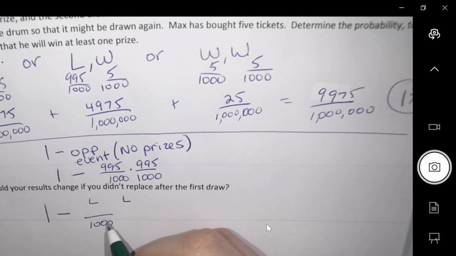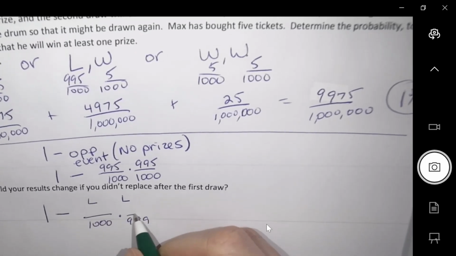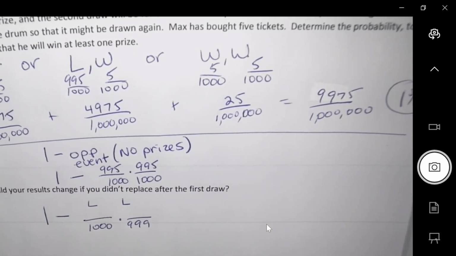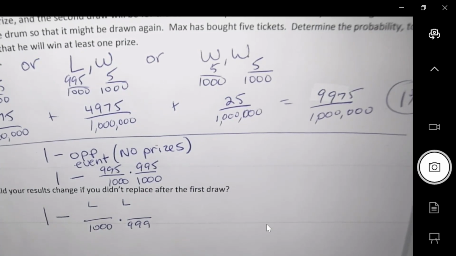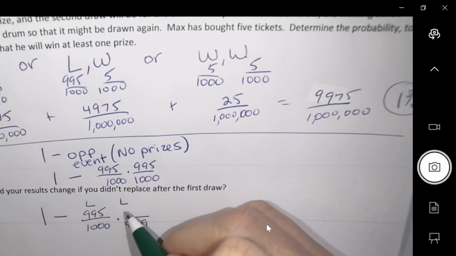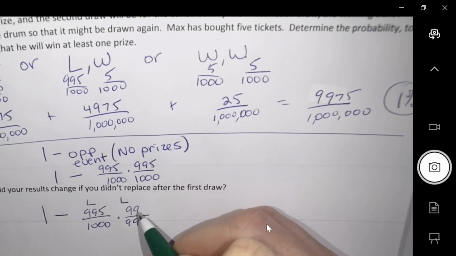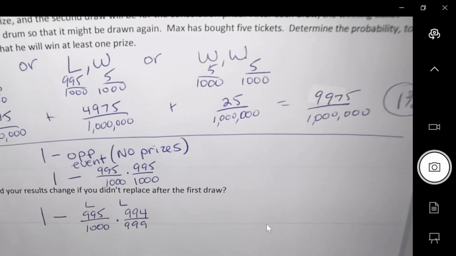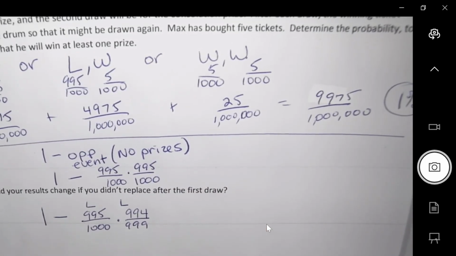So 1,000, and if we didn't replace, this would be 999. So how many losing tickets would you have to pick from? So 995. Then it would be 994 because you didn't replace the ticket that you would have picked. That's how it would change.